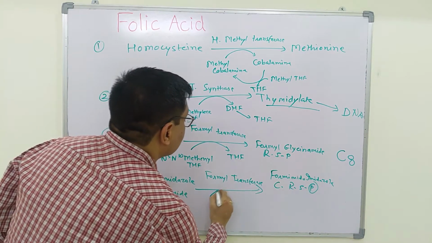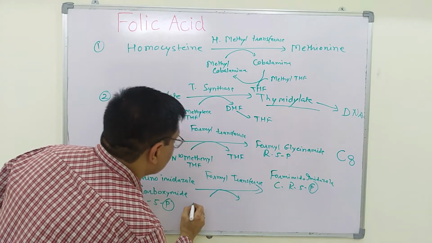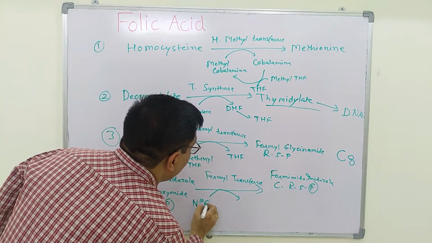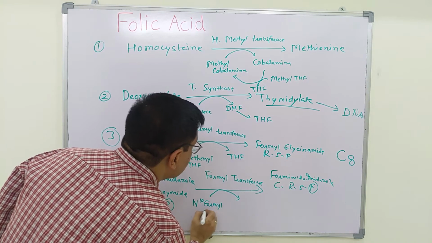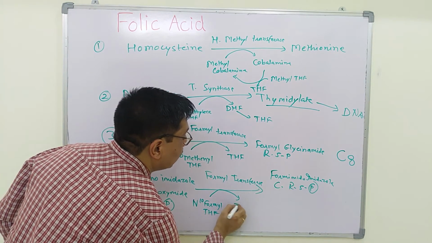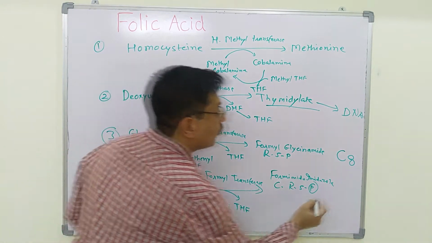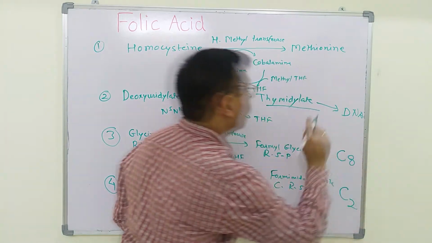The one carbon donor is N10 formyl tetrahydrofolate, which is converted into tetrahydrofolate, and this contributes for carbon 2 of purine.